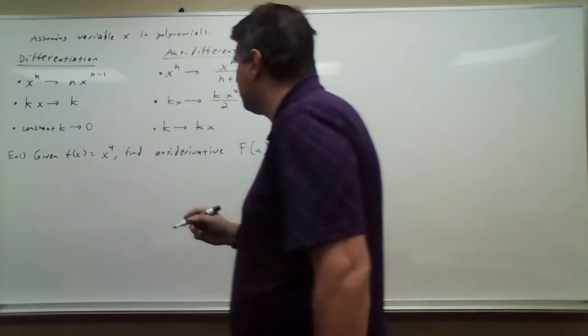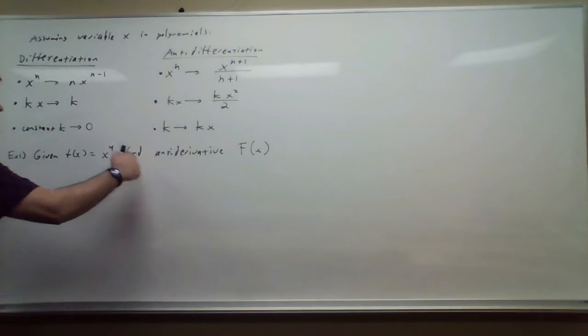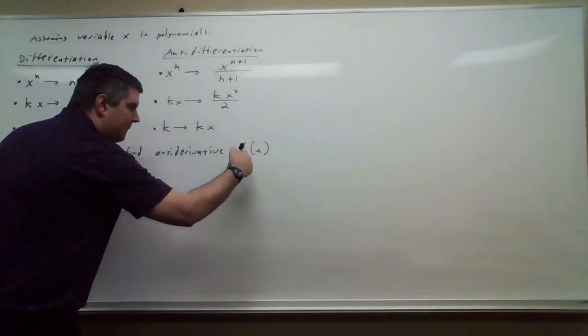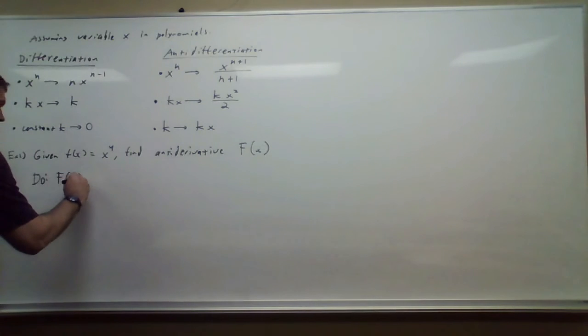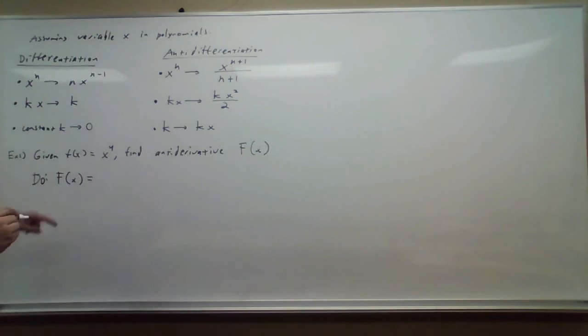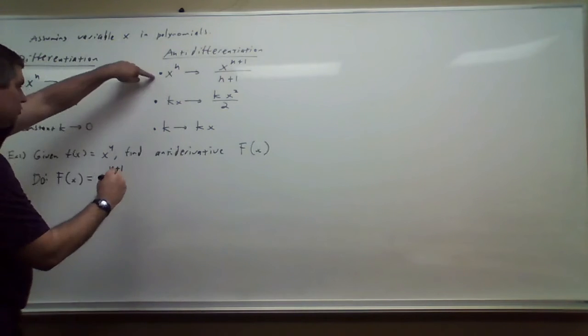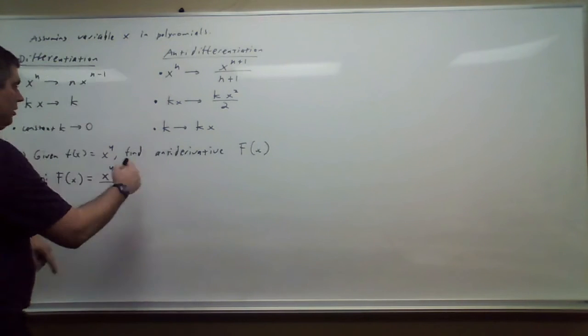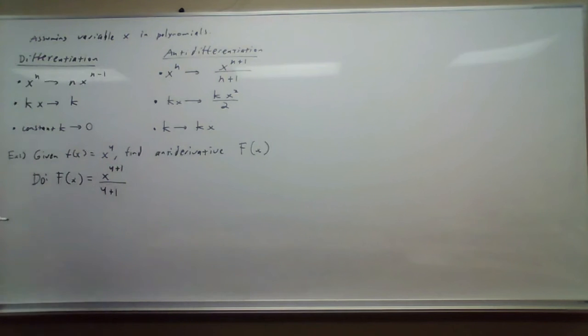Okay, so here goes. Given lowercase f of x is x to the 4th, find its antiderivative, capital F of x. Capital F of x would be, we go up a power to x to the 4 plus first, following this rule, over the new exponent, which also becomes the new denominator.